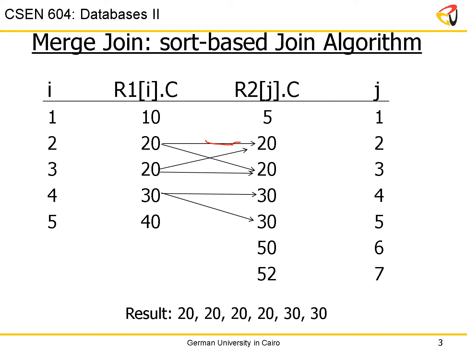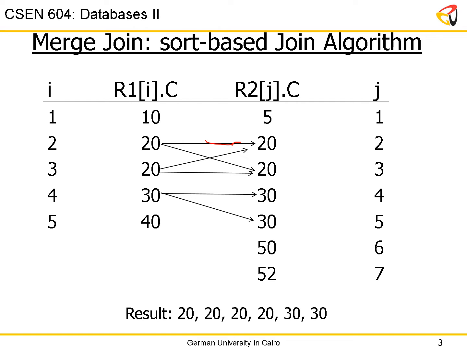As long as I and j are not pointing to similar values, so I will be pointing to 10 at row 1 and j will be pointing to 5. These are not the same value. I will advance both.